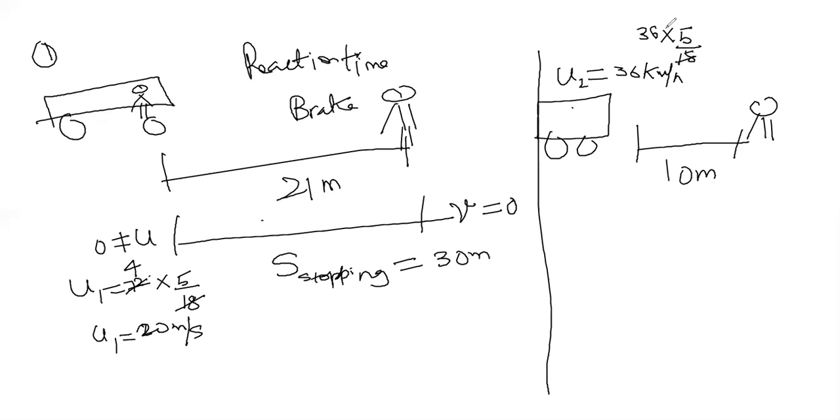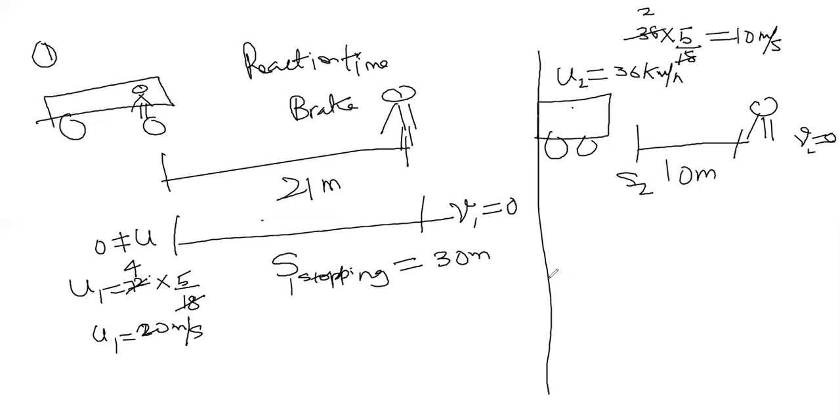Both of you know this conversion, right? Yes, sir. So it is 10 meters per second. This was u2. Then this is S2, and this is S1. Okay. And v is anyway 0. No need to worry about that. v1, v2 both are 0 because it is stopping.